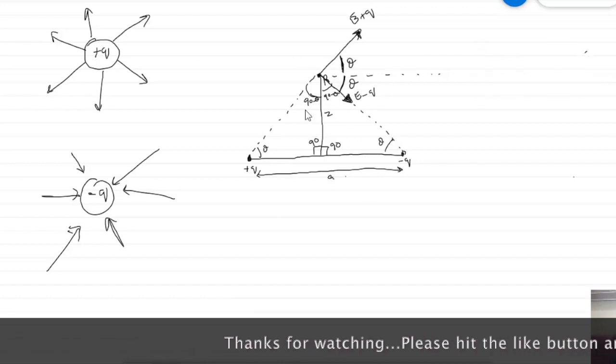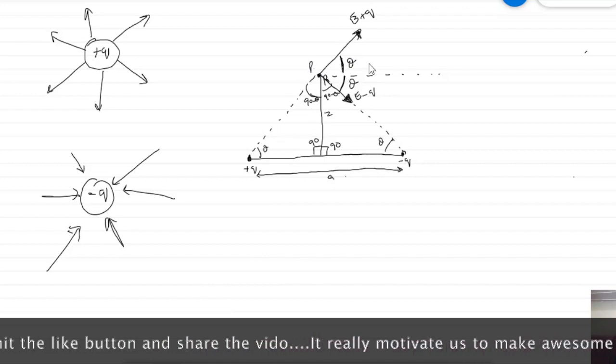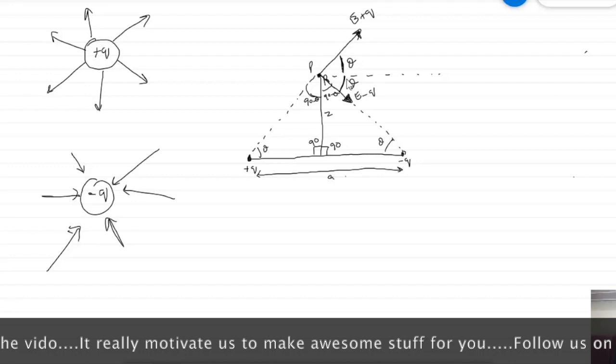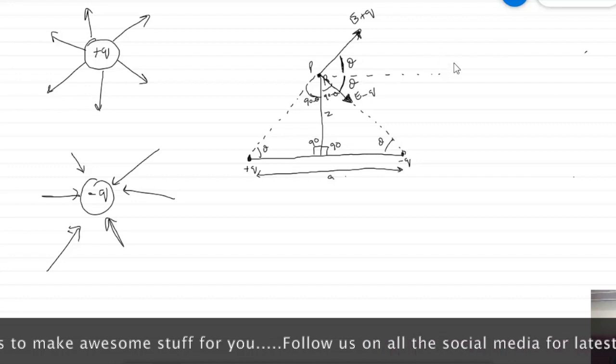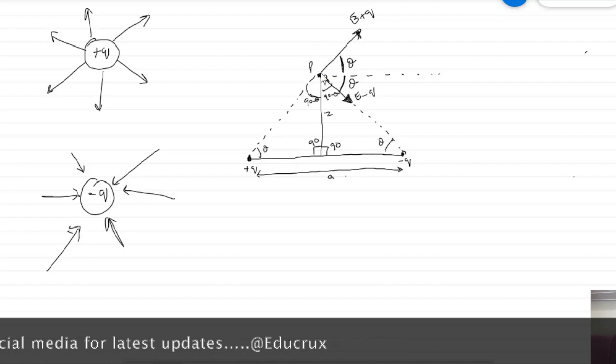So if I try to find the field at point P due to these two charges, what I can see is that I have two components.